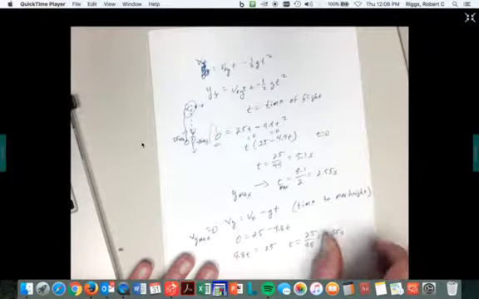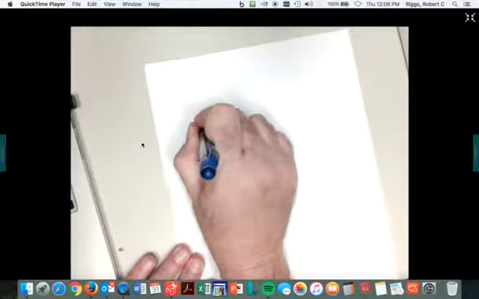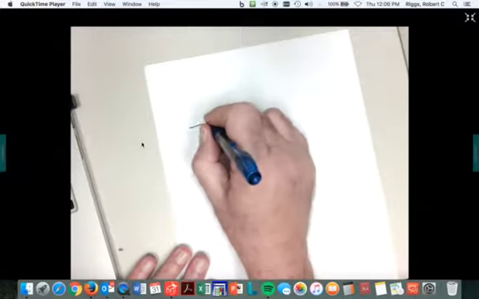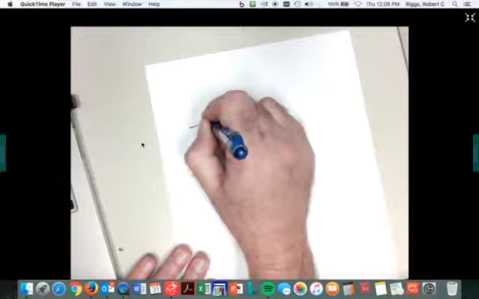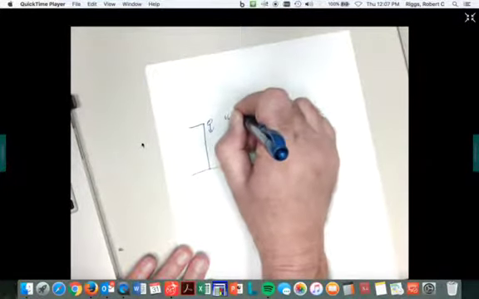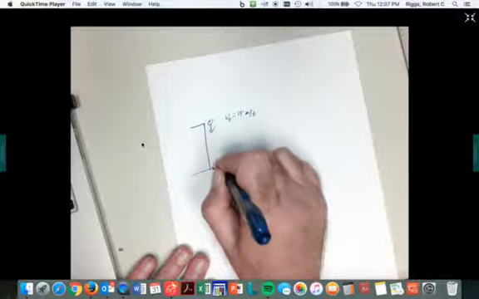Since that didn't take long, I'm going to do one more problem. Let's say we've got an object on the edge of a cliff. We're going to do free fall, but this time I'm going to throw the ball down, starting off with an initial velocity of 15 meters per second. I want to know the final velocity when it hits.